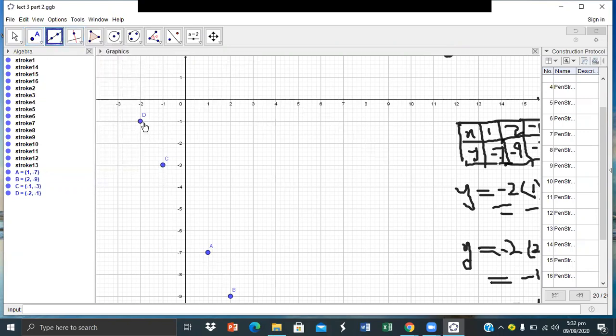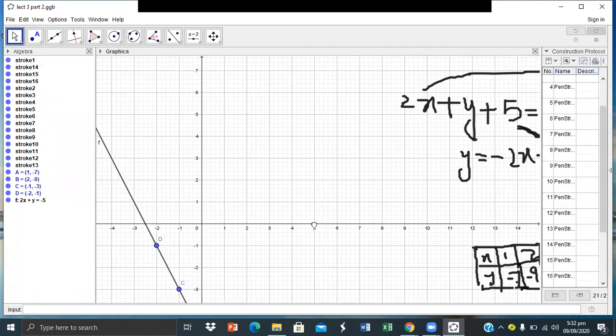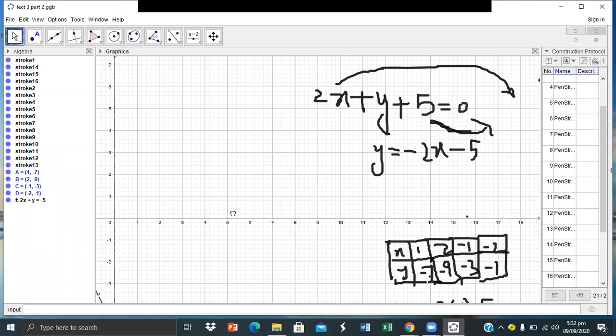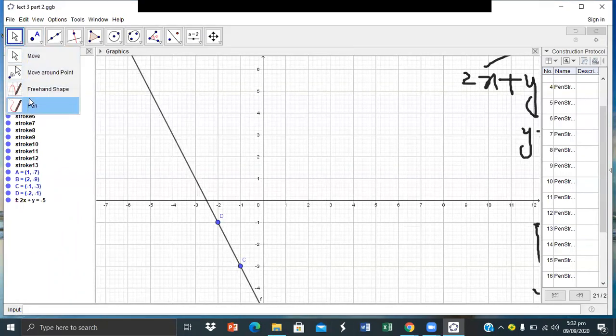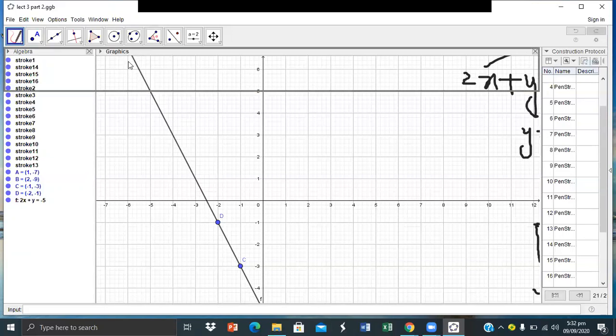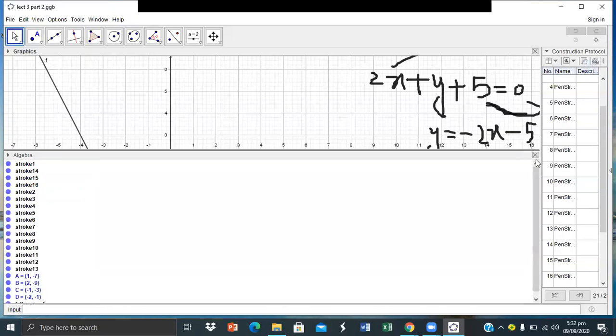So now we can join all these points. So we get the graph of the equation 2x plus y plus 5 equals 0 as this. Now for fine tuning, we draw the arrow here.